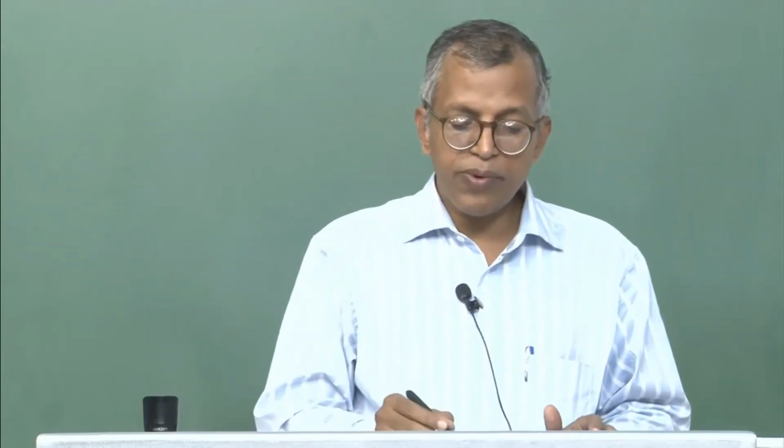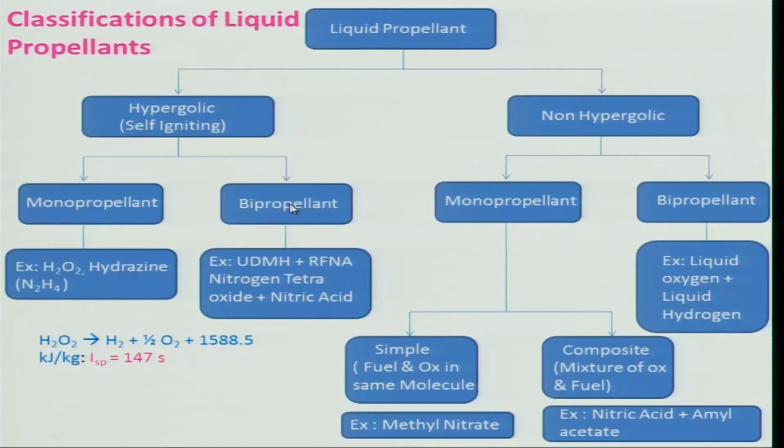Besides this, if you look at the bipropellant under this hypergolic condition, there is UDMH, unsymmetrical dimethyl hydrazine, and RFNA, that is red fuming nitric acid. When they come together in liquid phase, they start reacting in the liquid phase, okay. And then of course it will vaporize and heat will be released, and then you will get even gas phase reactions.